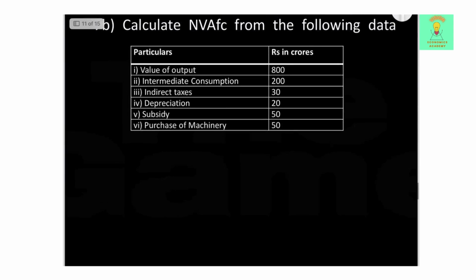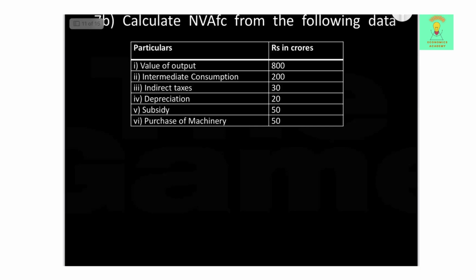All right, now we'll solve question number 7B. What we need to find out is NVAFC. Okay, so let this be the last problem of numericals for this episode. We will continue from question number 8 in the next episode. All right, so NVAFC is what we have to find.